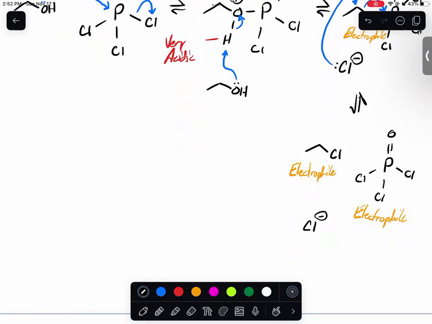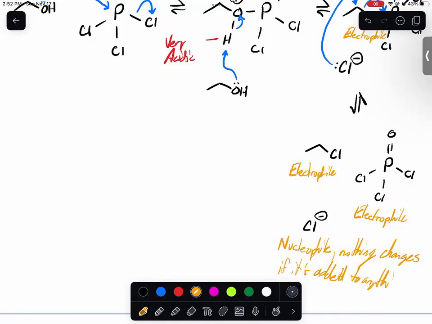And we know that this is a nucleophile. But here's the thing. Nothing changes if it's added to anything, right? And so at this point, we can say that the P=O double bond is very stable, and so this is the lowest possible energy products.